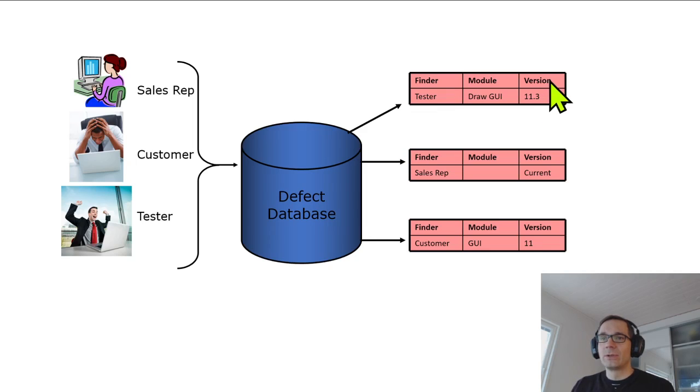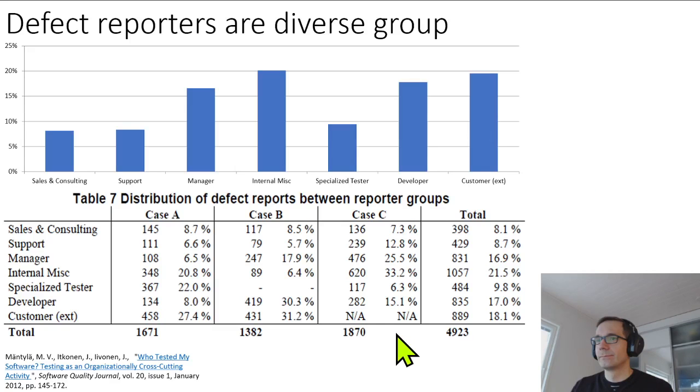So the defect reporting database could have several reports of the same defect with different levels of quality. Or the defect reporting database could have just one report of a particular defect and it could be very low quality, like this defect report over here.